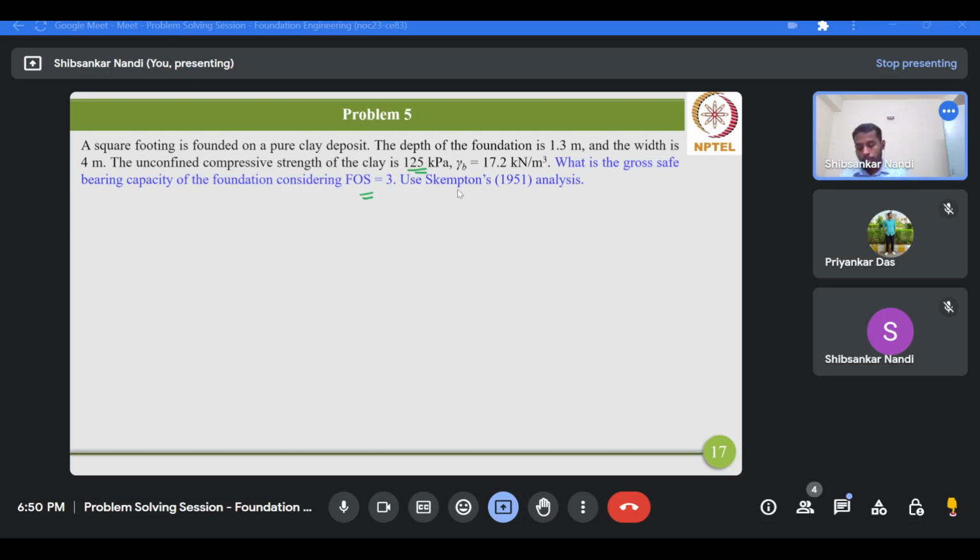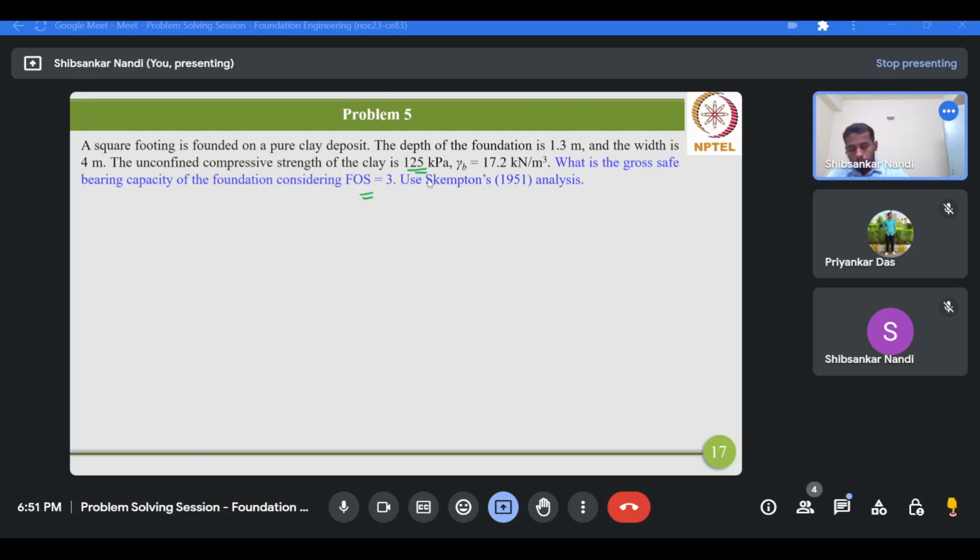It is important to note that Kempton provided the bearing capacity theory only for purely clay deposits, and this analysis is valid for any depth of the footing. In Terzaghi's analysis, the analysis is valid only for depth of foundation less than or equal to the width of the footing, that means for shallow foundations only. However, you can use Kempton's analysis for any value of the depth of foundation.